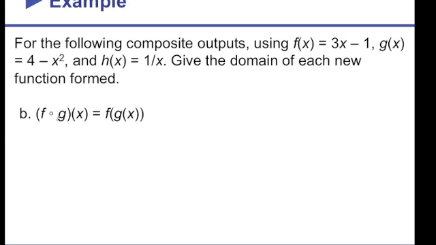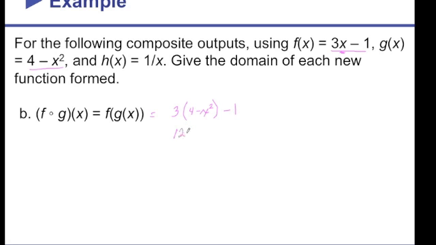Now we're going to do f of g of x. So f is 3x minus 1, and in place of this x, we're going to put g, which is 4 minus x squared. So it'll be 3 times 4 minus x squared, and then don't forget the minus 1 from f of x.